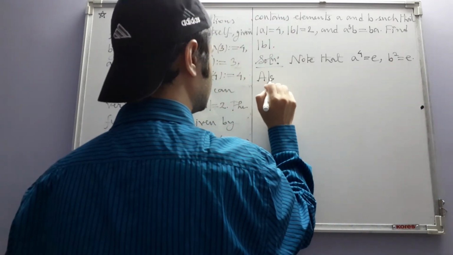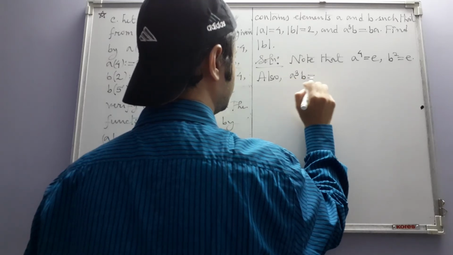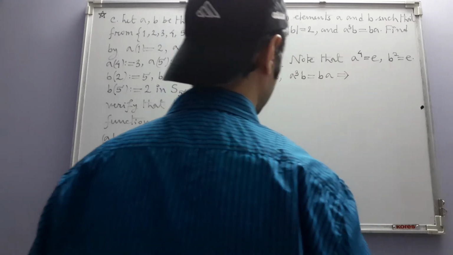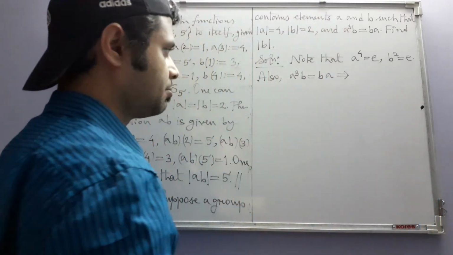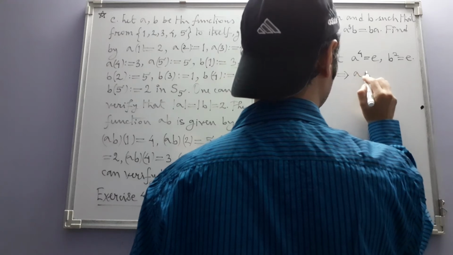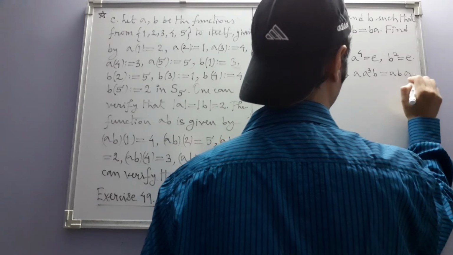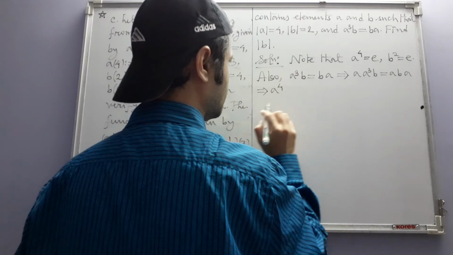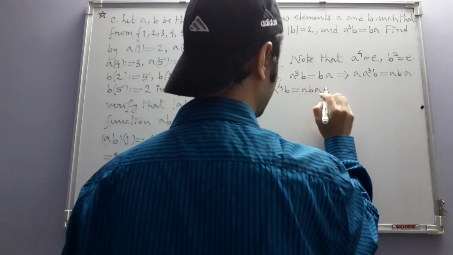Also A cube B equal to BA implies, if we pre-multiply both sides by A, A cube B is equal to ABA, which implies A to the power 4 B is equal to ABA.